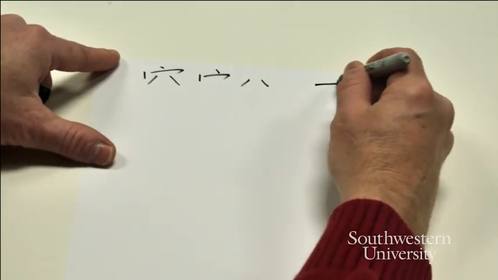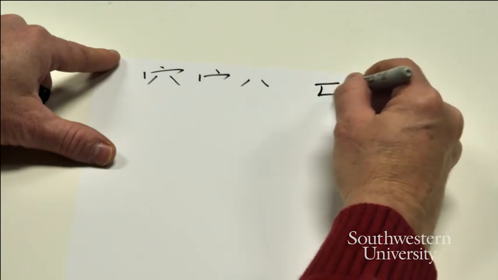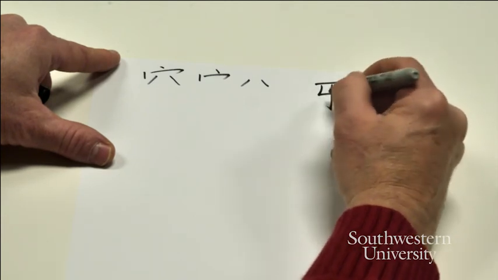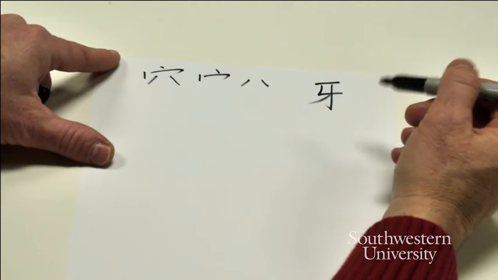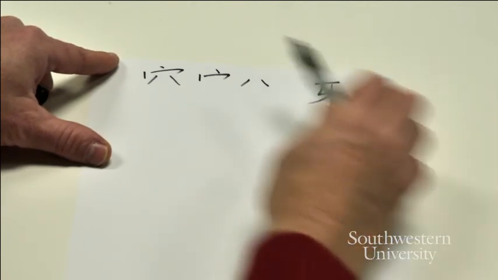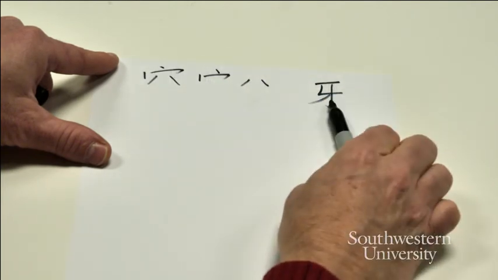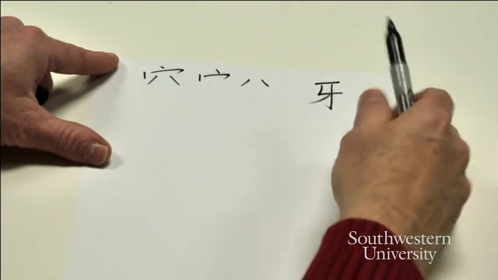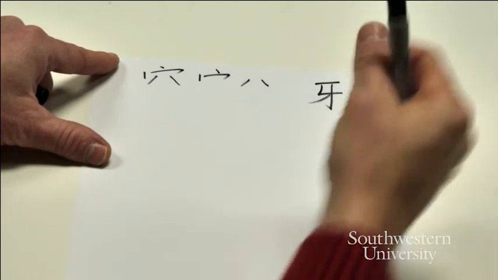And then the component underneath is ya, which is tooth. That's been highly modified, but originally it did look like a tooth. So a tooth in a tunnel. This is like tunneling your way through things, like a rat gnawing through the wall.